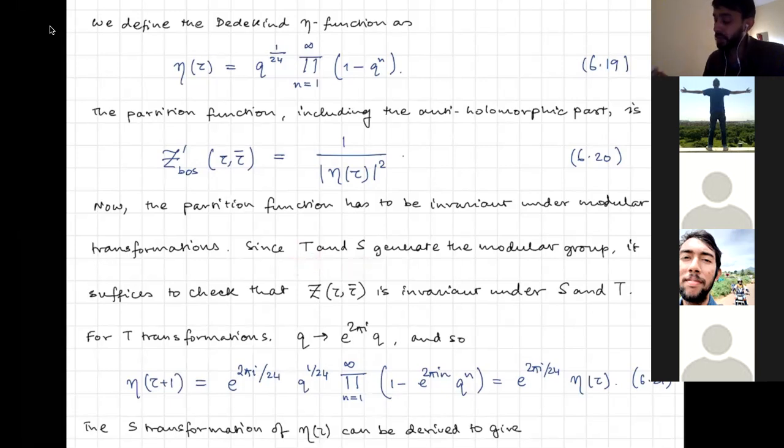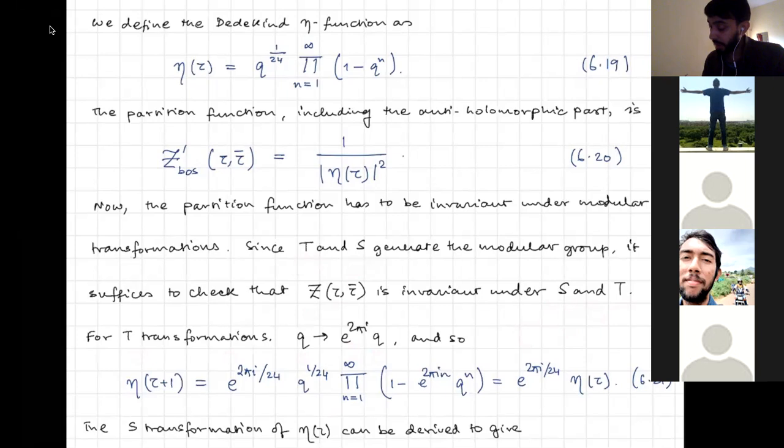So it suffices to check that Z is actually invariant under S and T. Now under T transformations, q goes to q e to the 2 pi i times q. Remember, tau goes to tau plus 1, and q is e to the 2 pi i tau. So that's that.